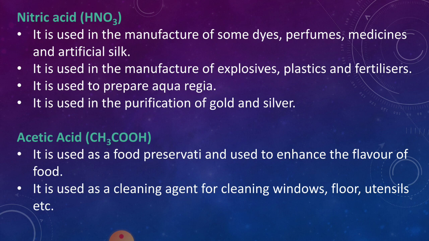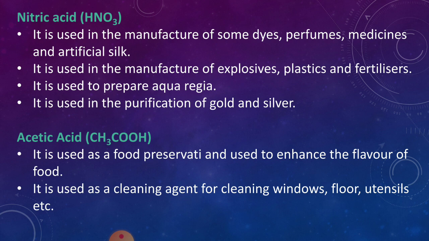Then nitric acid is also used in the production of plastics and fertilizers, and it is used in the production of explosives such as TNT. I think you have heard the name of TNT. TNT is an explosive, trinitrotoluene. So it is used in the production of explosives also.